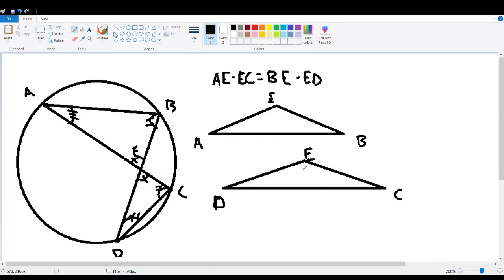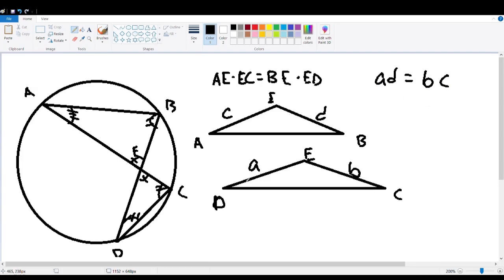Since we know that these are all similar triangles, let's label the sides. This is C, and this is D. So you'll know that A times D will equal B times C. Why?